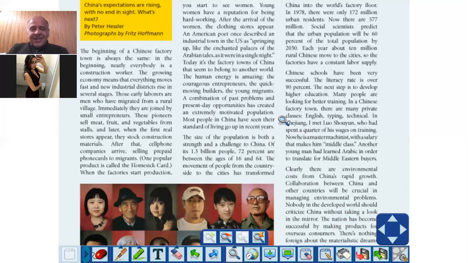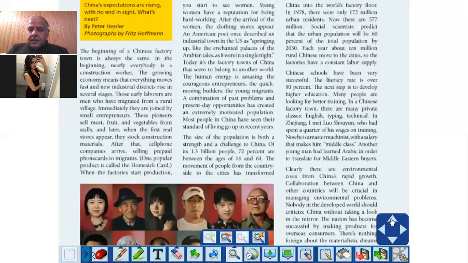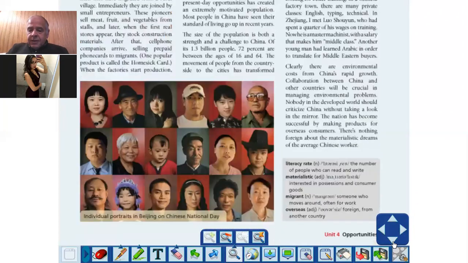Okay. Well, here you have the vocabulary: literacy rate, for example, naturalistic, migrant, overseas. Okay. And next class, we're going to continue working with vocabulary. This has been a very hard class because this is kind of slow and boring, but what you have to do with this is try to use the vocabulary.